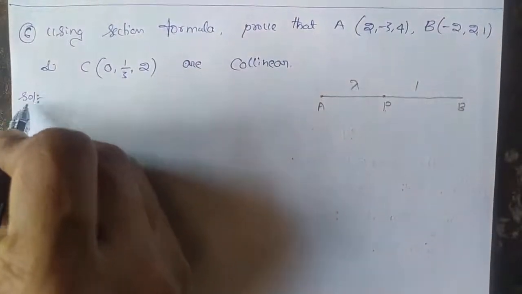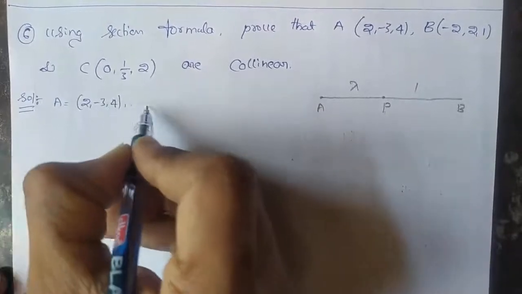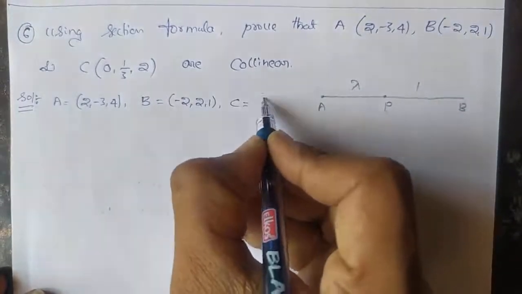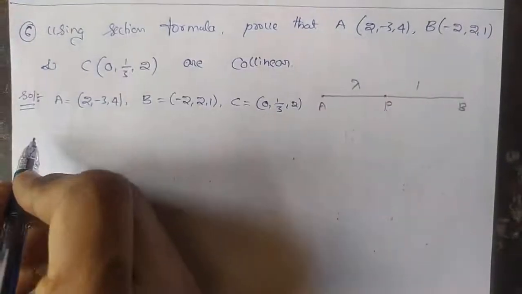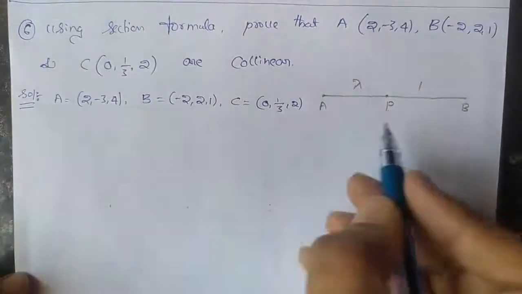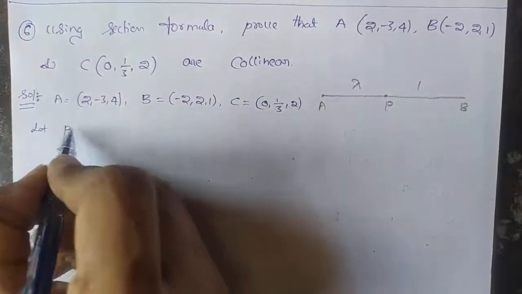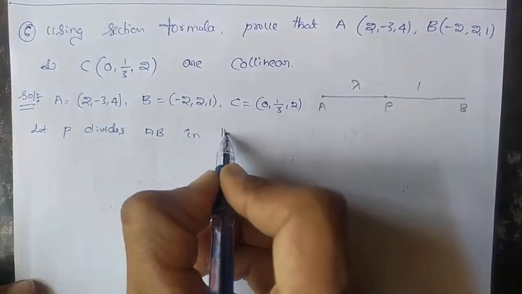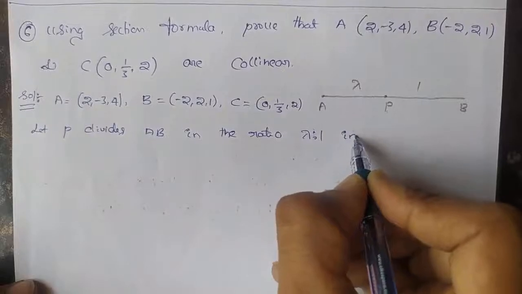Solution. First, write down the given points: A = (2, -3, 4), B = (-1, 2, 1), C = (0, 1/3, 2). Next, let P divide AB in the ratio lambda is to 1 internally.